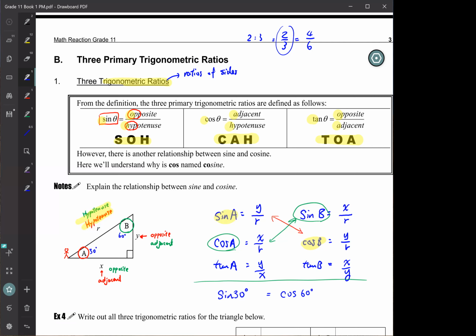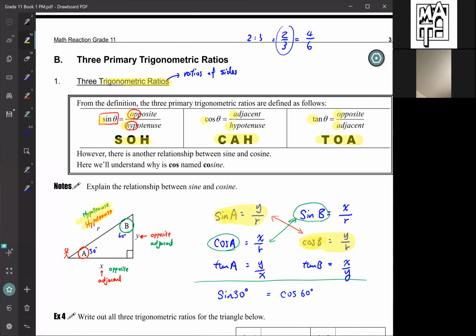Like look at the yellow highlighted one. Sine of A is y over r. Cosine of B is also y over r. So they will equal each other when the angles add up to 90 degrees.